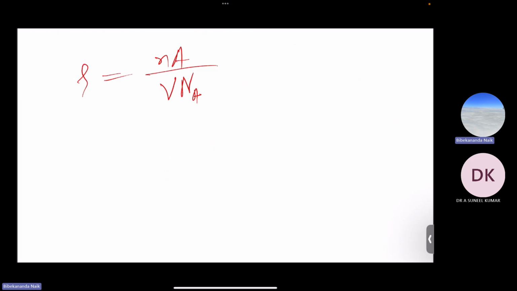So if you see, we'll not need this. We'll simply calculate n m by v. Here this is mass and this is volume. So n is 8. We just discussed how n will be 8.